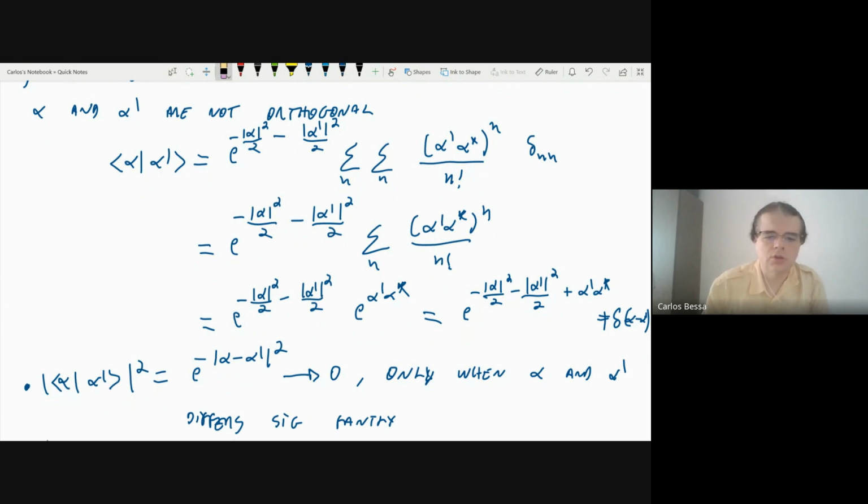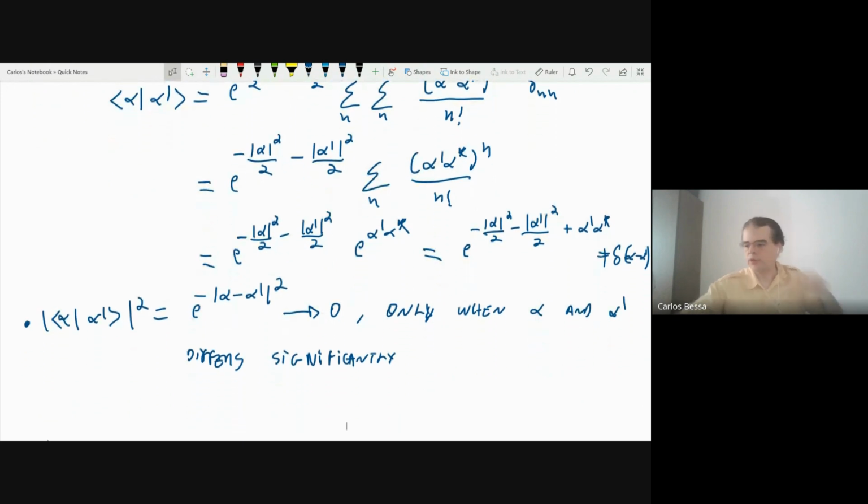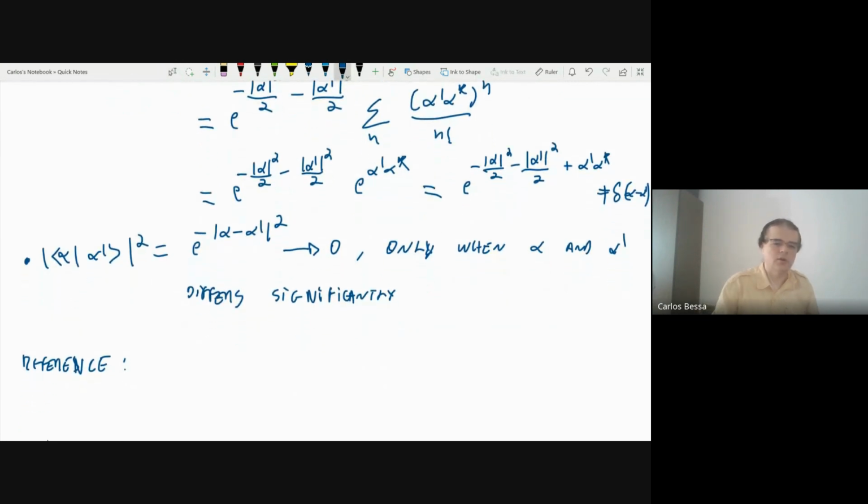Okay, guys, it's just to see some important properties. I'll put the reference notes I told you, the book I told you, for the lecture from today and the last lecture about coherent states: Quantum Optics by M.O. Scully and M.S. Zubairy.